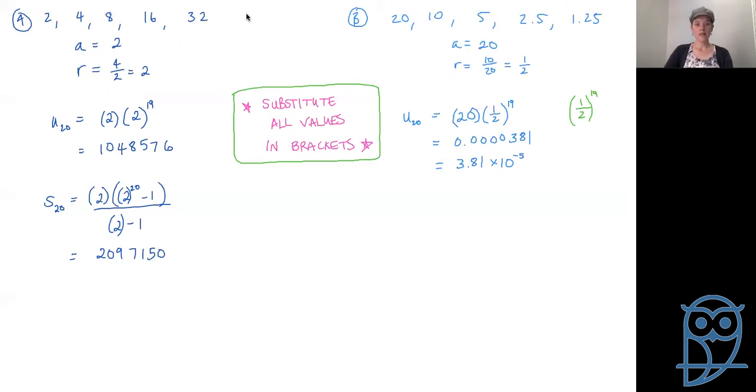So on the other side, our S20 using the other version, A times 1 minus R to the n, all over 1 minus R. And again, we plug everything in one time and we get 39.999.